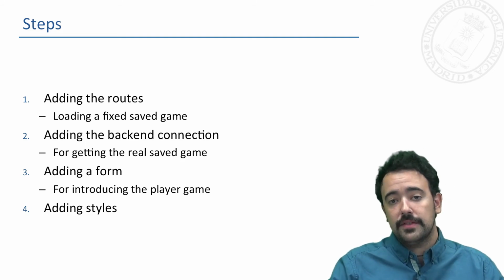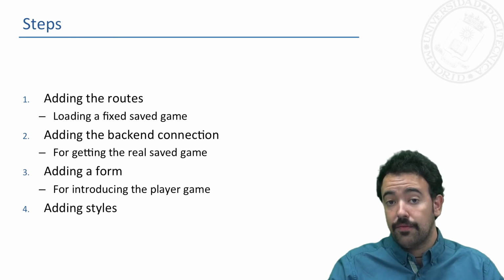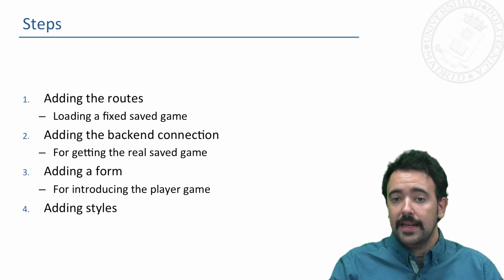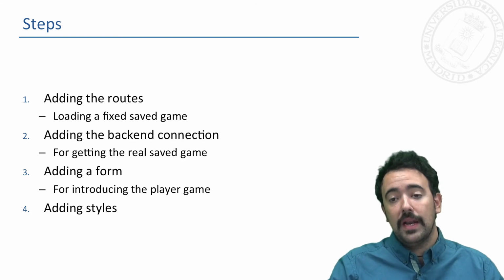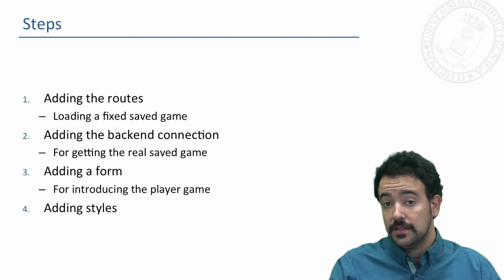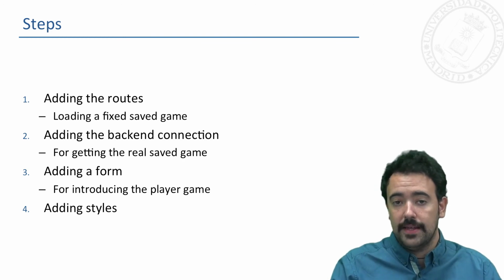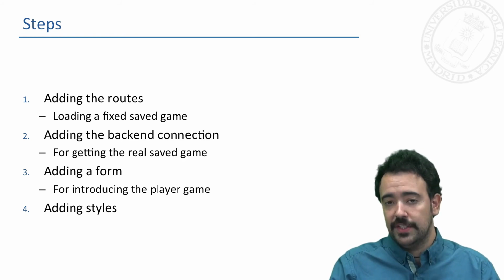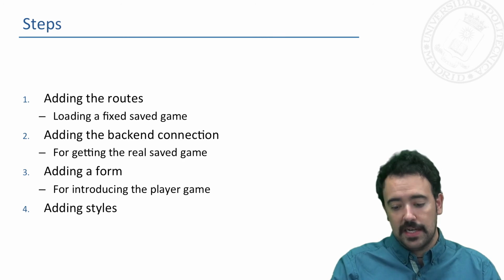And then in the third step, we will add the form in which the user can introduce the player name. Finally, in the last step, we will add some classes and some style sheets in order to prettify the application, to give it the appearance you have seen in the previous slides.